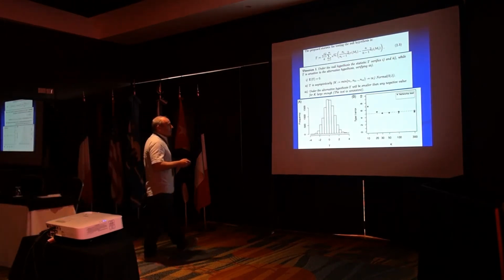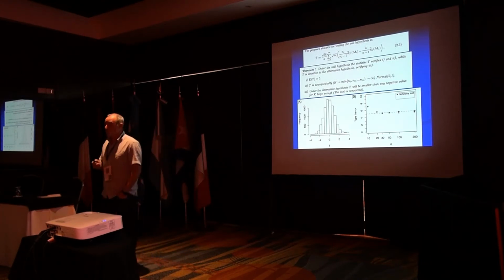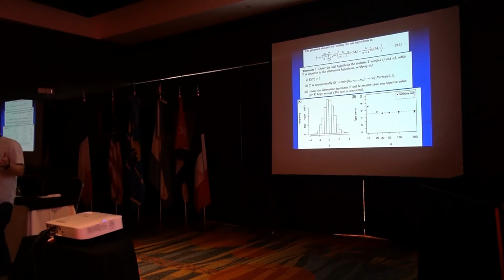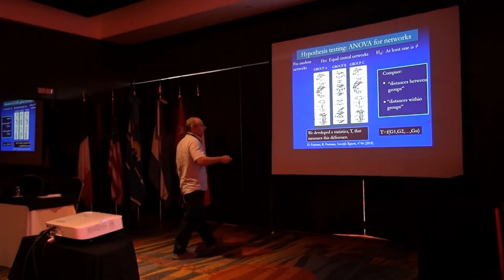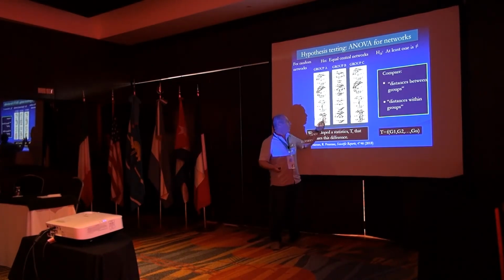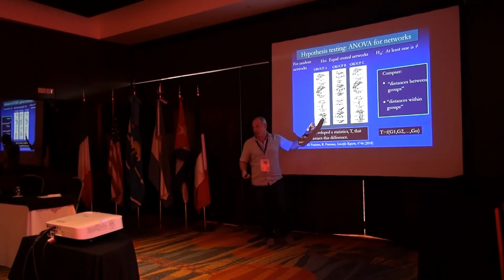Basically, this is the average distance from the group I to the central graph of the group I, and you compare this with the average distance of all the sample to the central graph E. So the idea is, if all the central networks are the same, measuring distance from all to one central graph will be similar to measuring distance to each group's central graph.